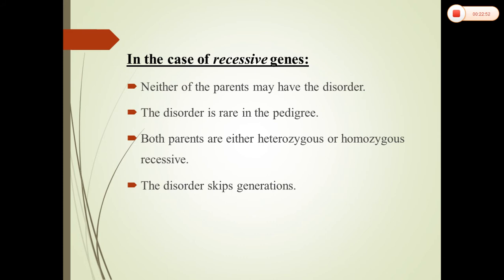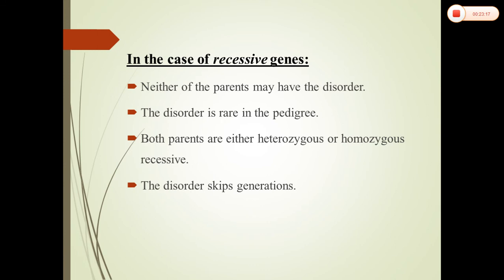Now this disorder skips generations because we know there is crisscross inheritance. In case of color blindness and hemophilia, the carrier woman is without the particular trait, so one generation is skipped. In case of a recessive gene, it may happen that the recessive trait expresses after a few generations.